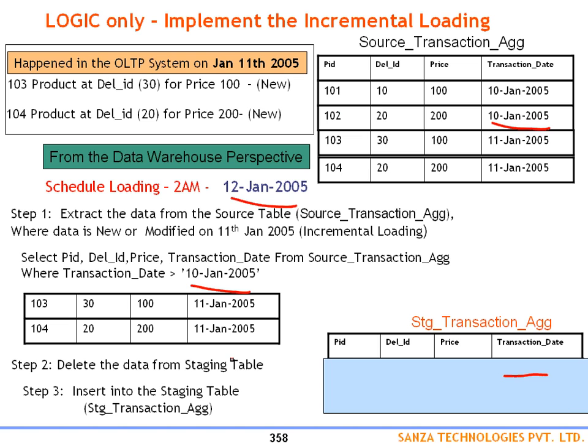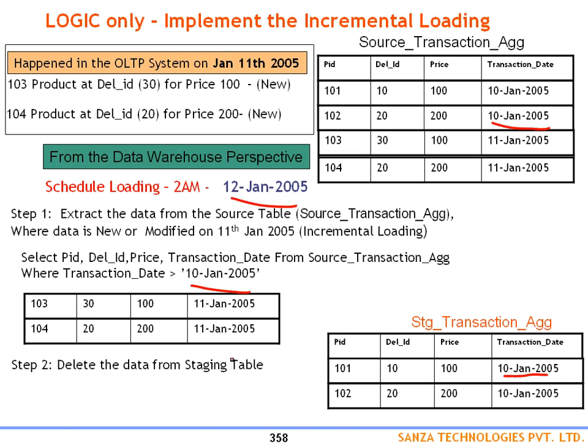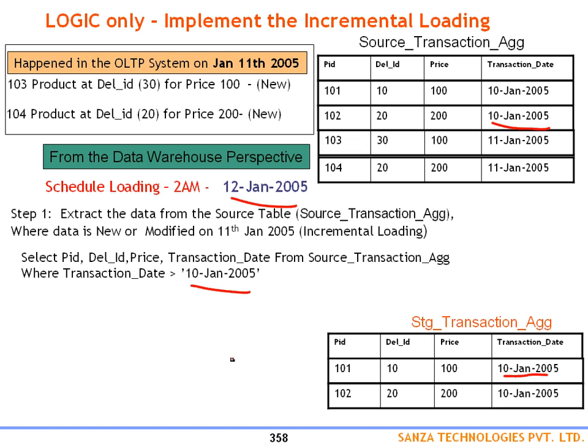The catch is, we are going to extract the data greater than what we loaded the previous time. We are going to extract from the source table only what was not extracted in the previous run.